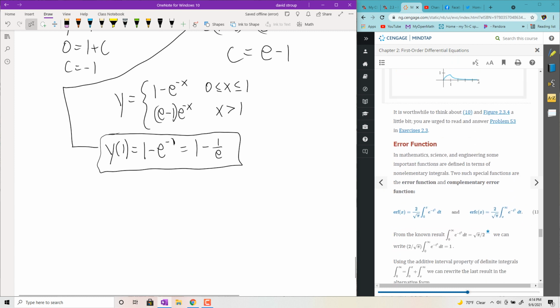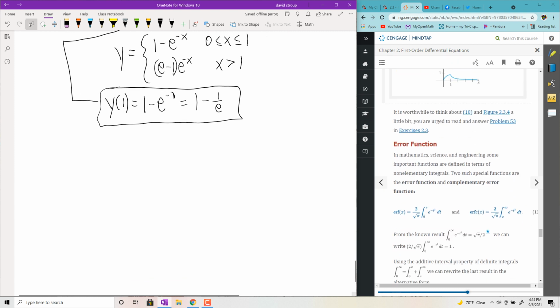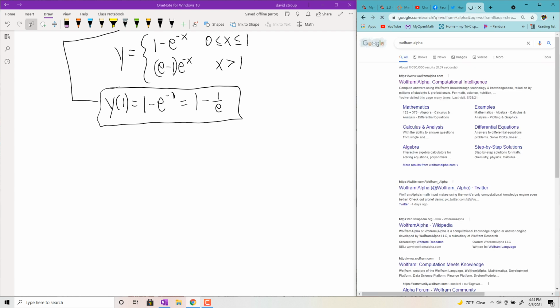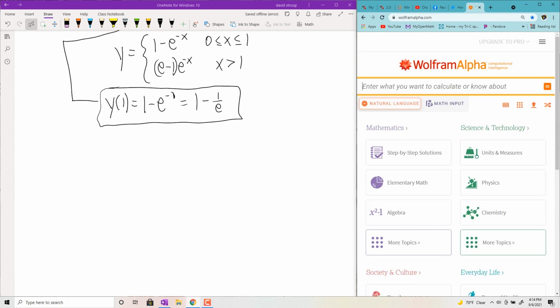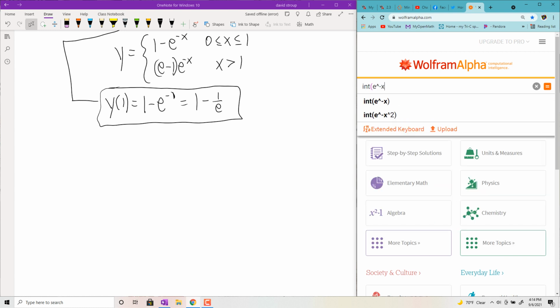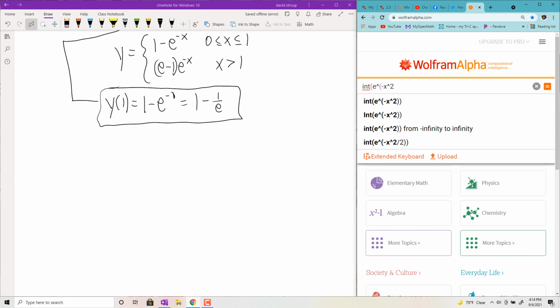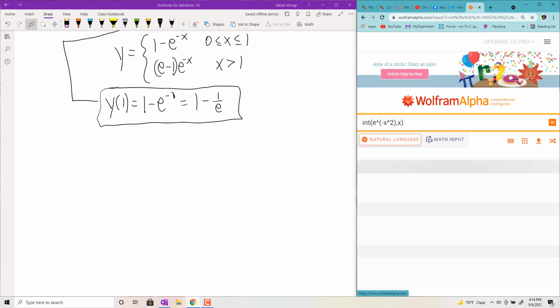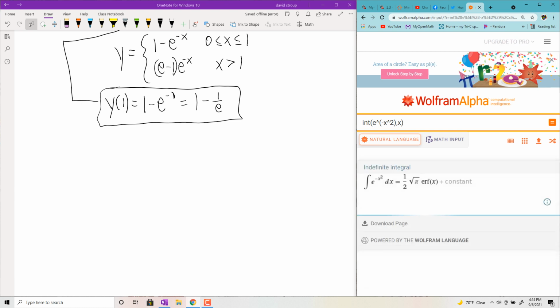All right. One thing, they introduce the error function. Sometimes when you're doing your integrals, like in Wolfram or something, you'll see this weird function called ERF. Usually when you're integrating something like e to the negative x squared, which would come up in probability when you're dealing with normal distributions, the output will have an ERF function.